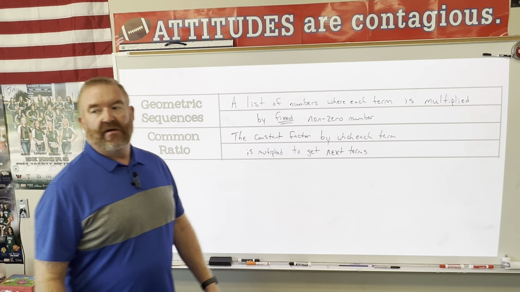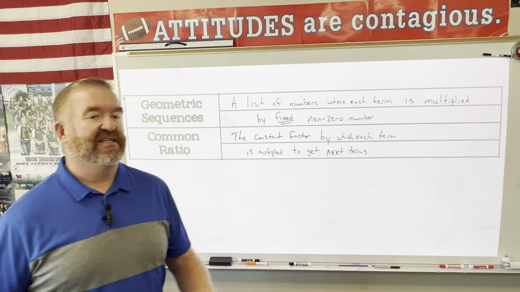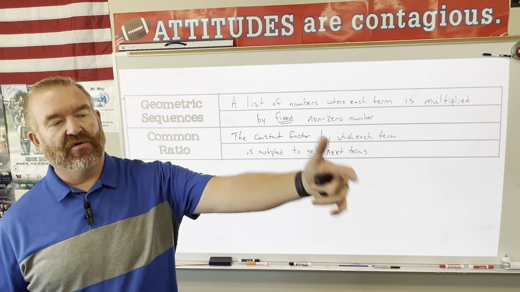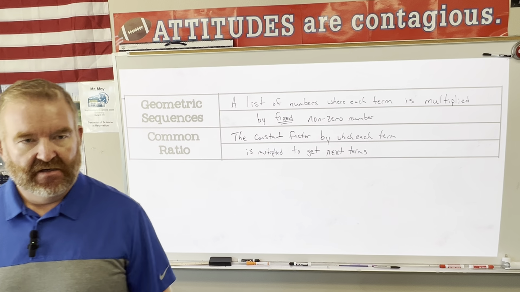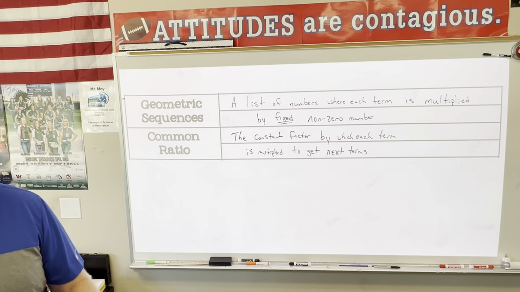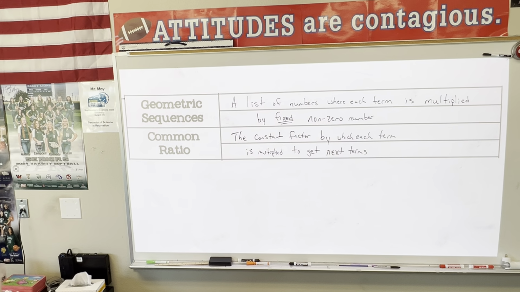In other words, 2, 4, 8, 16, 32, 64, 128, 256, 512, 1024, and so on. It just keeps rolling, multiplying times 2.